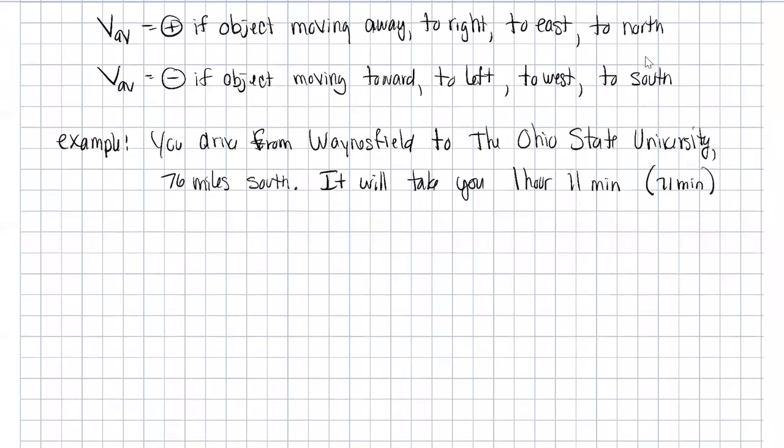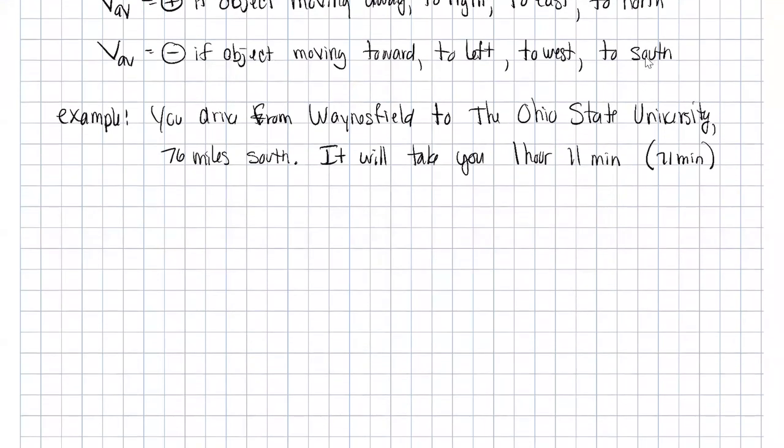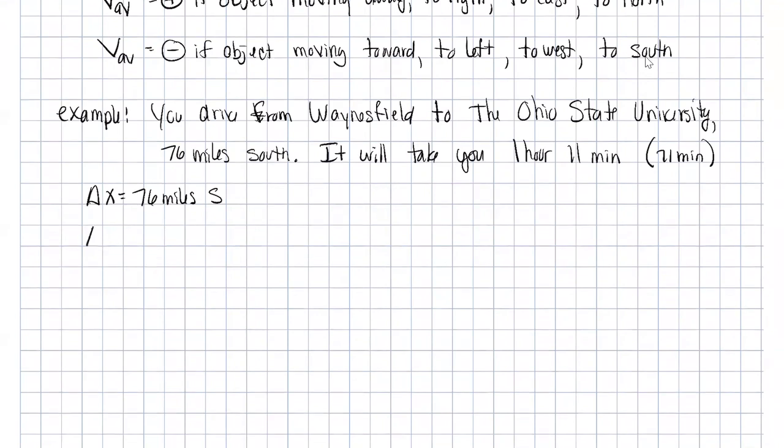Okay, let's look at how you would set this up. Looking at this, you're going to see that you have some givens. You have a delta x of 76 miles, and that's going to be south. You have a delta t of 71 minutes. Okay.